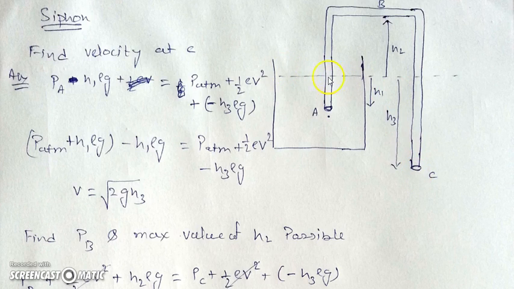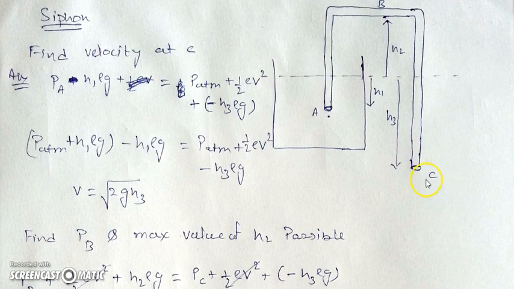These are the heights from the water level. By applying Bernoulli's equation at A and C, at point A the pressure will be P atm plus H1 rho g. This is the base level, so the height of this point is minus h.